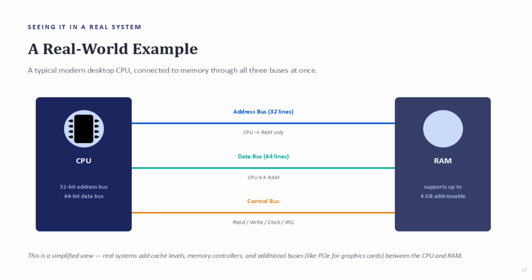The CPU still needs to identify a memory location. The actual information still needs to travel. The communication still requires proper coordination. Those three responsibilities are handled by the address bus, data bus, and control bus. So, even in today's advanced computers, these basic principles continue to form the foundation of communication.